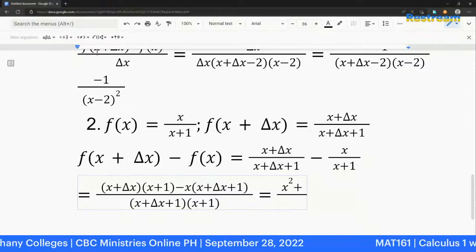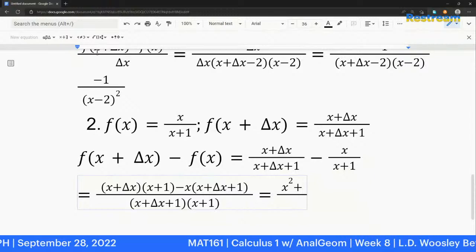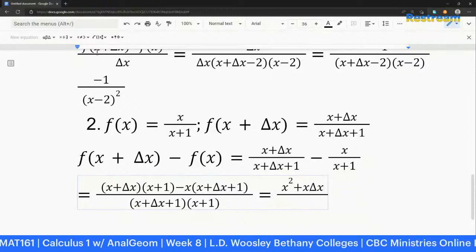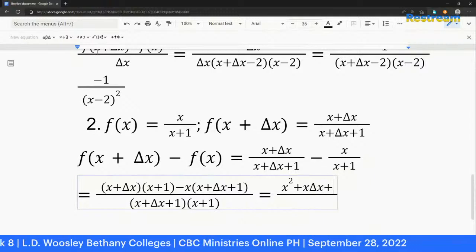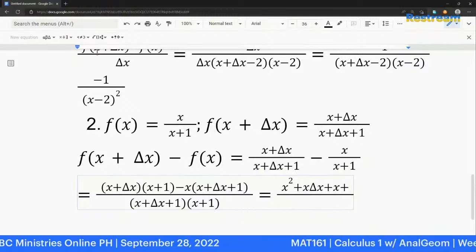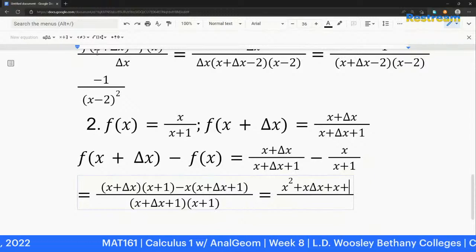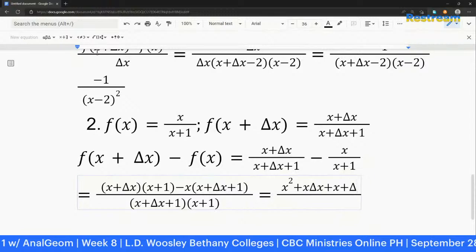Pwedeng x delta x po. Yeah, x delta x and then plus x plus x plus delta x squared x delta x plus delta x.